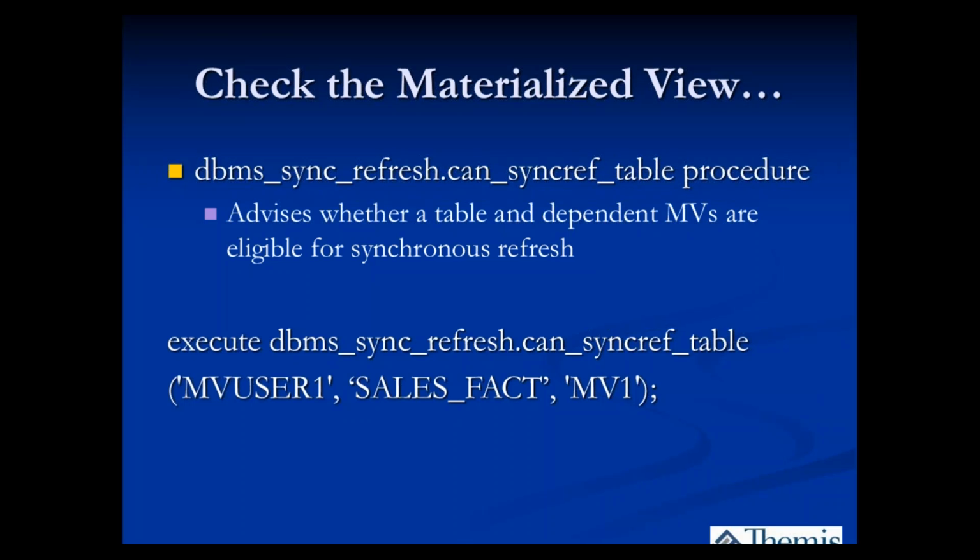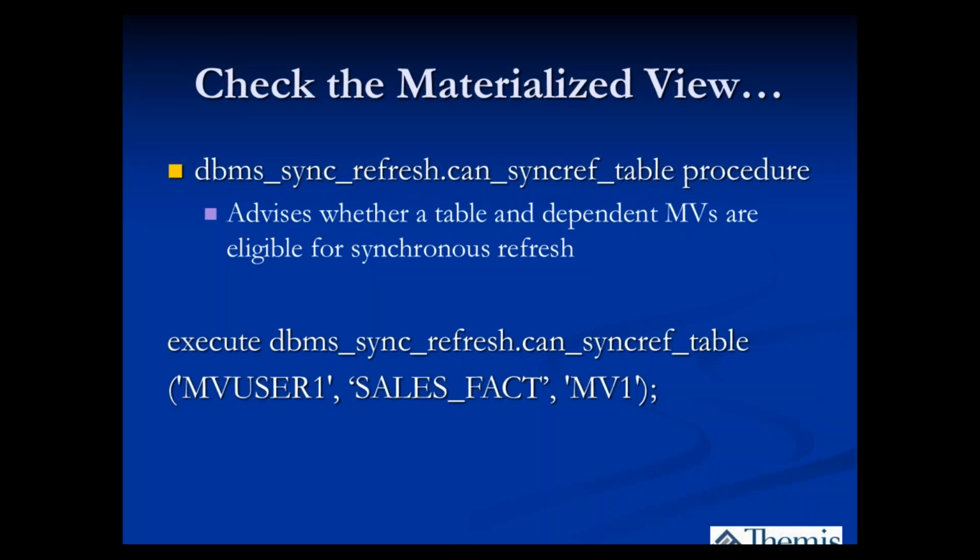And if any of those violate any of the rules, like maybe you're trying to do a materialized view on a table without partitions. Being partitioned is a requirement. Maybe it's partitioned by list instead of range. That would be a problem.